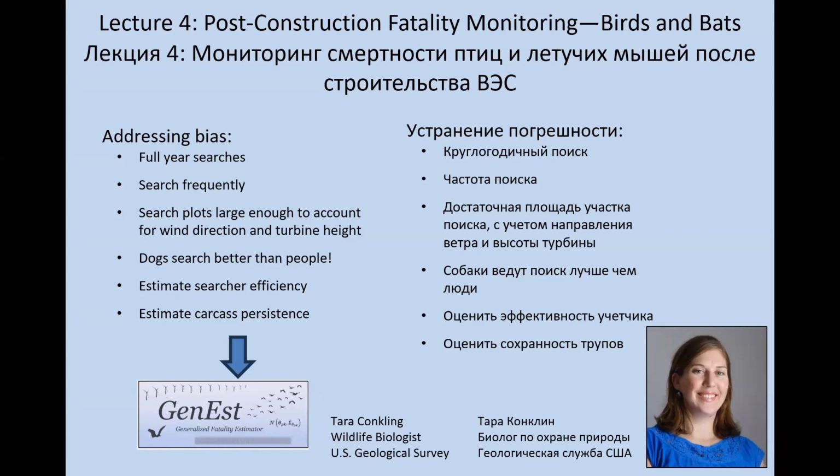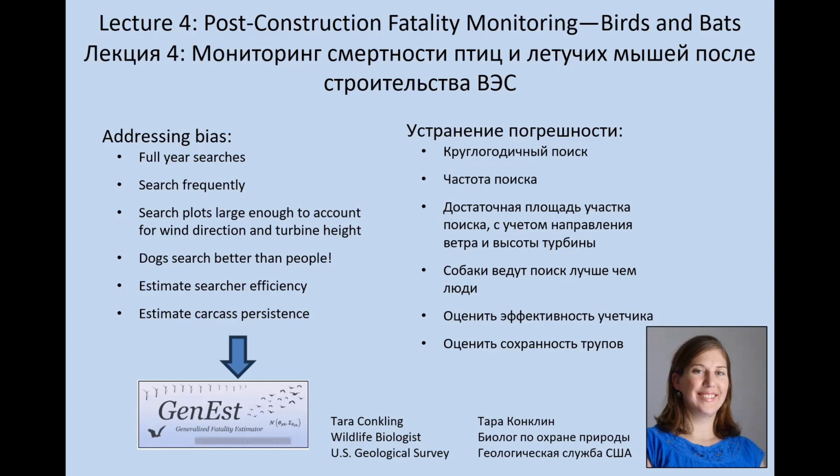You have to understand that. And then carcass persistence is critical. If a carcass falls to the ground today, will it still be there tomorrow or the next day, or will a scavenger take it away? Understanding all of that is really important.